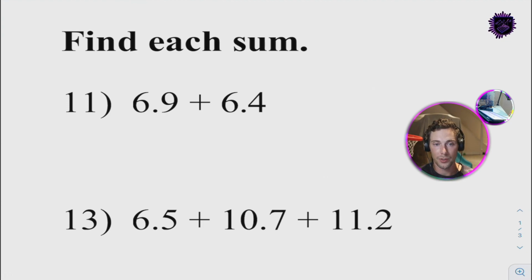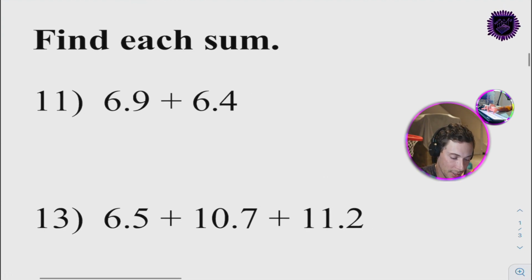Something we're going to do to show our work is we're going to be stacking our numbers. So we're going to take these two numbers, 6.9 and 6.4, and we're going to stack them. We're going to put them in vertical alignment, and it's really important that you are aligning up the decimal points. That's the whole trick to adding and subtracting decimal numbers.